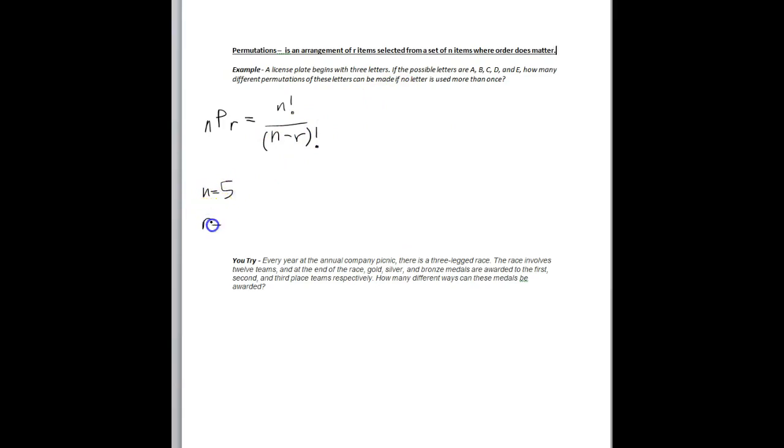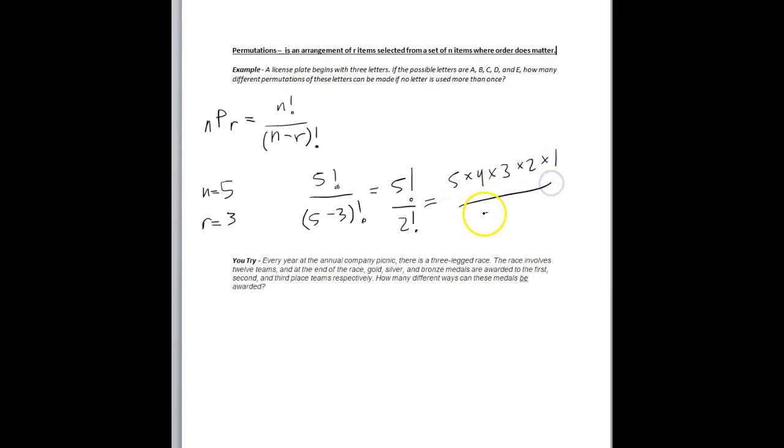How many are we choosing? We're choosing 3 letters. So then this is just going to be 5 factorial over 5 minus 3 factorial, or 5 factorial over 2 factorial, which is just going to equal 5 times 4 times 3 times 2 times 1 over 2 times 1. So we can get rid of those, and we just get 5 times 4 times 3, which is 60.